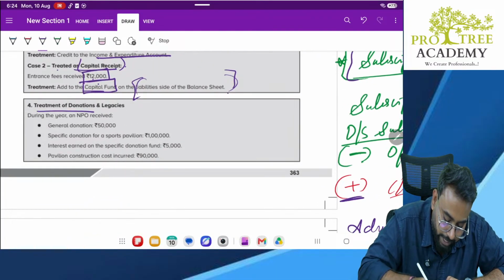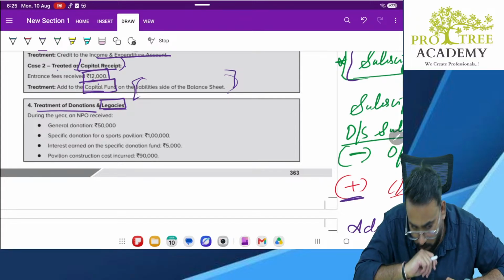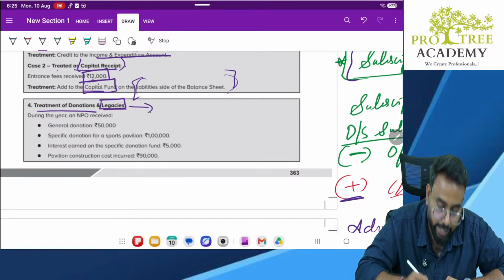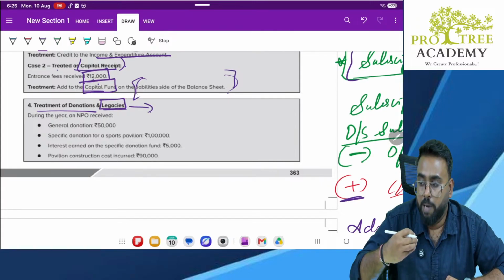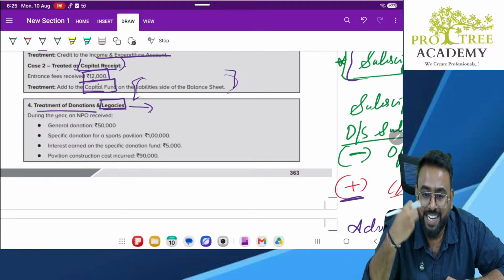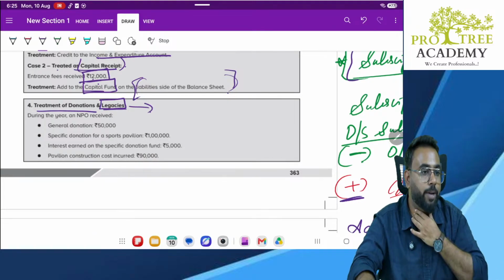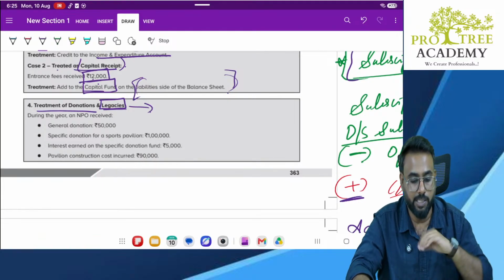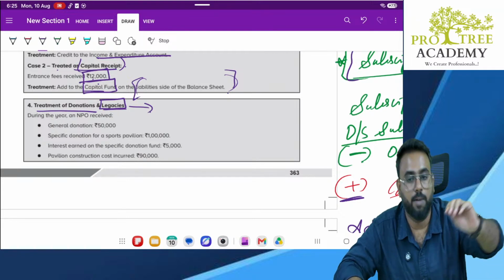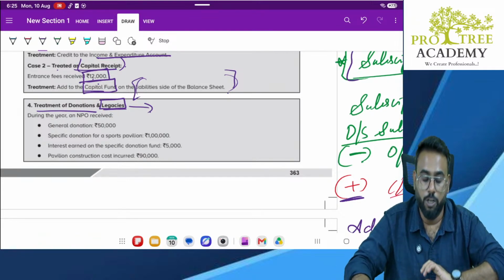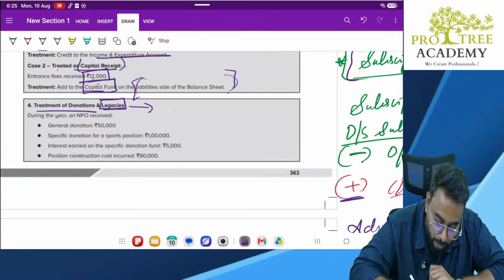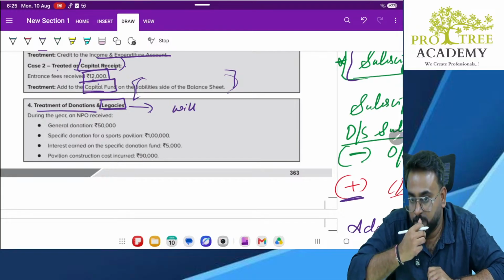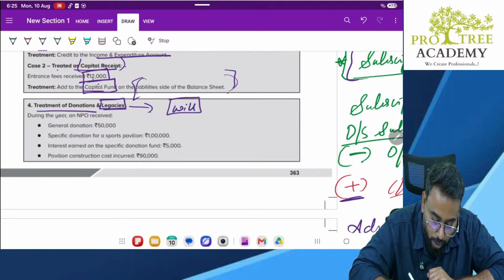Okay. Treatment of donation and legacies. Legacy is a word used where a person is not directly donating. He is not coming to your trust or non-profit organization and saying, this is 1 lakh rupees, I am going to donate it to you. No, he will not do like that. Instead, there is something called a will.